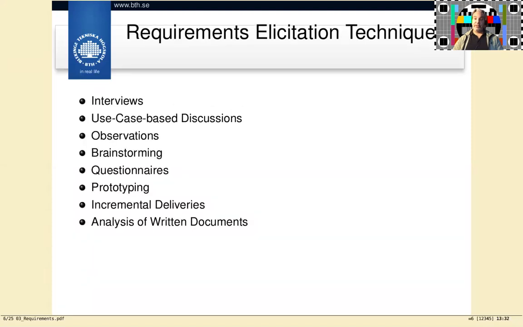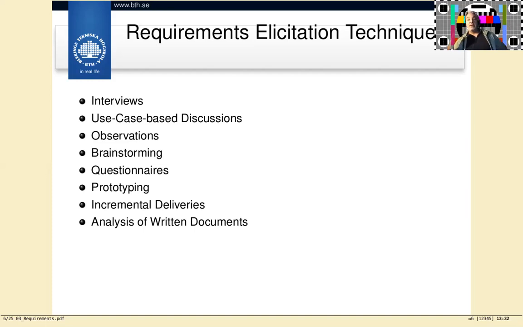A few of the techniques for finding requirements. So figuring out where to find requirements is one part. Figuring out how to get requirements is another part. This is again not a complete list, but we can do interviews.